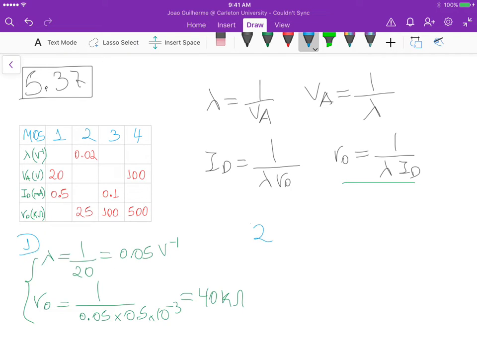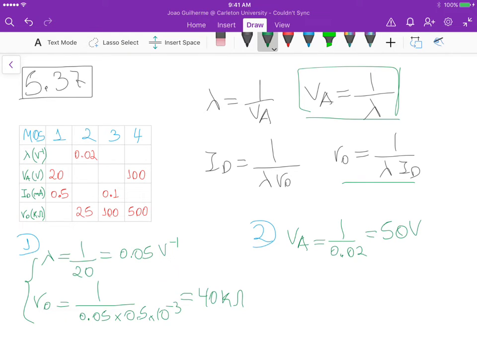For the second one, we have the channel modulation parameter lambda, so we can calculate the early voltage, which is 1 over 0.02, using this equation up here. This gives us an early voltage of 50 volts.